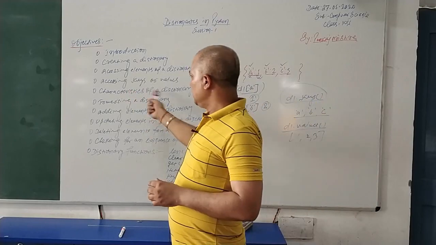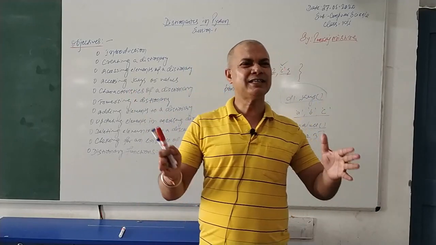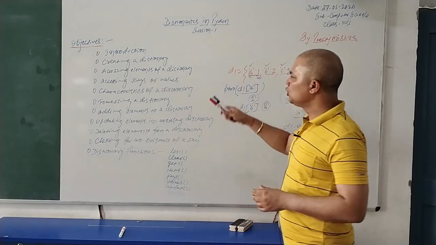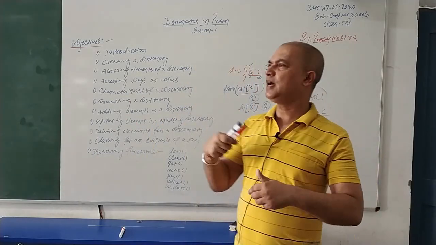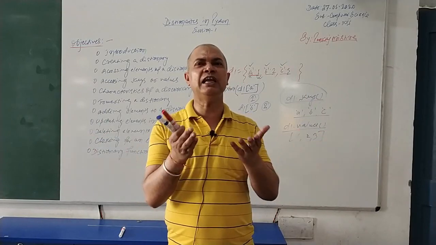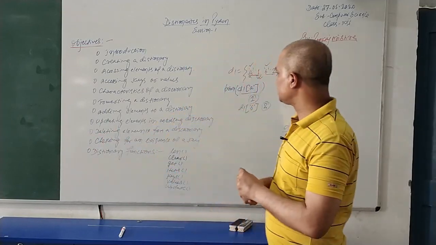A dictionary is an unordered set of values. That is also something you have to realize. There is no specific order of elements once you traverse the dictionary. It can be in any form. This is again one of the characteristics.